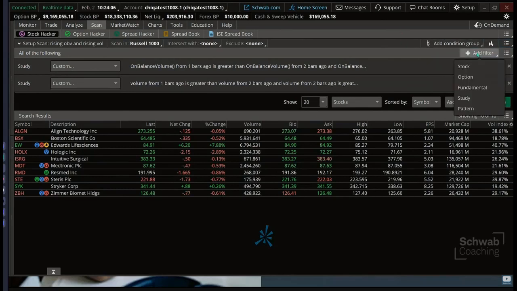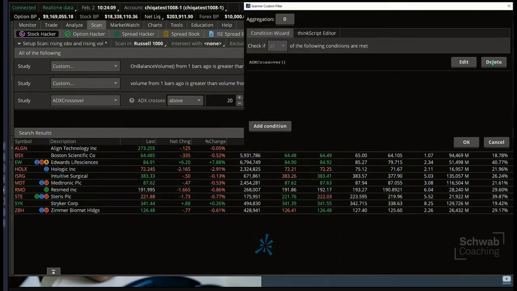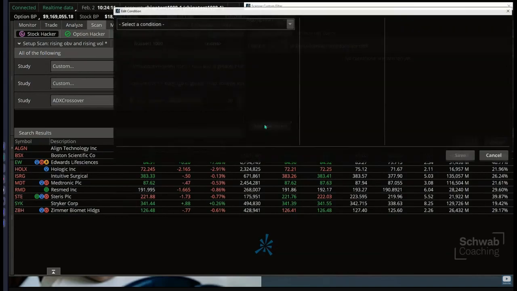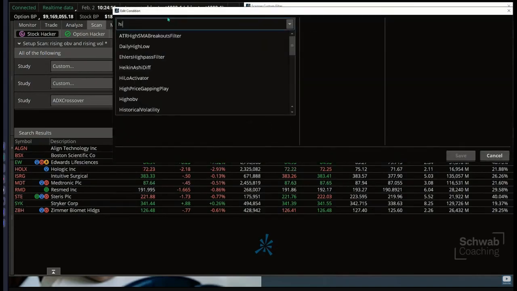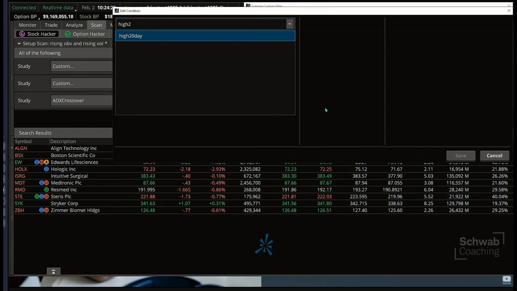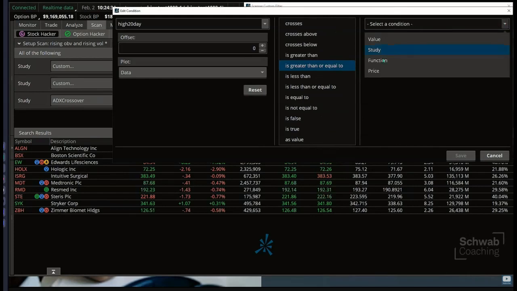We'll add a filter: 20-day high, greater than or equal to the current high.